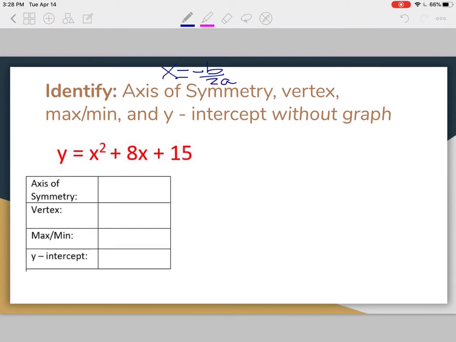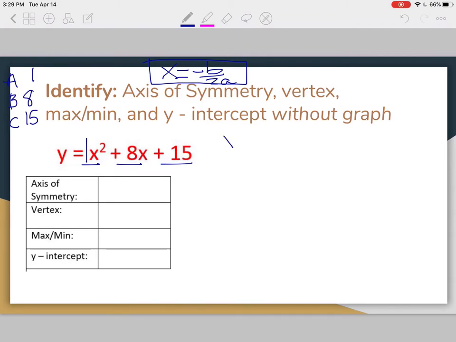Okay, first thing I'm going to do, let's go through a, b, c, all right? This is your a, this is your b, that's your c. So my a is 1, my b is 8, and your c value is 15. Now I'm going to use that information when I go through with my axis of symmetry. So that's always your starting point.